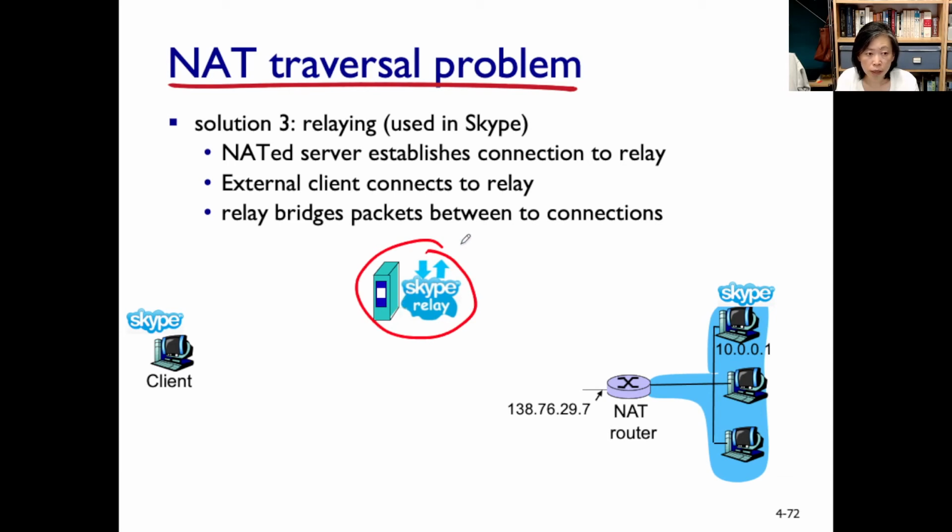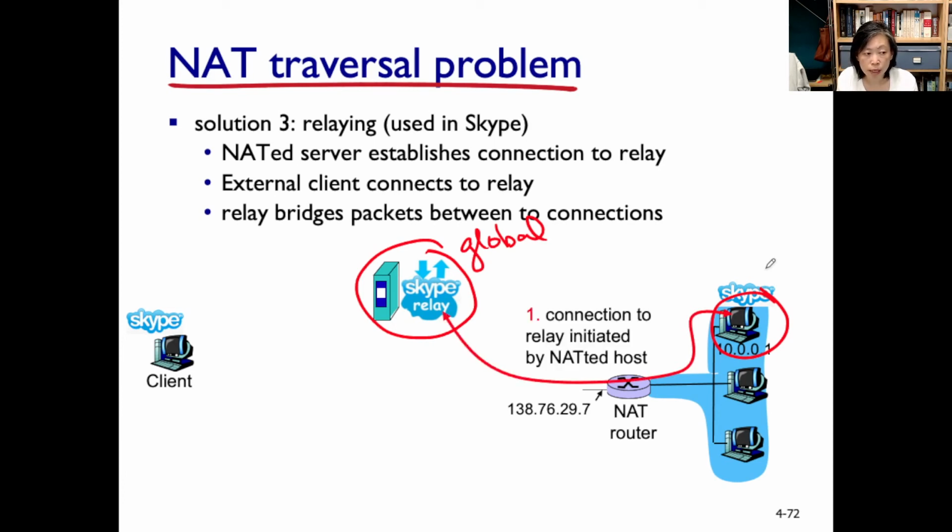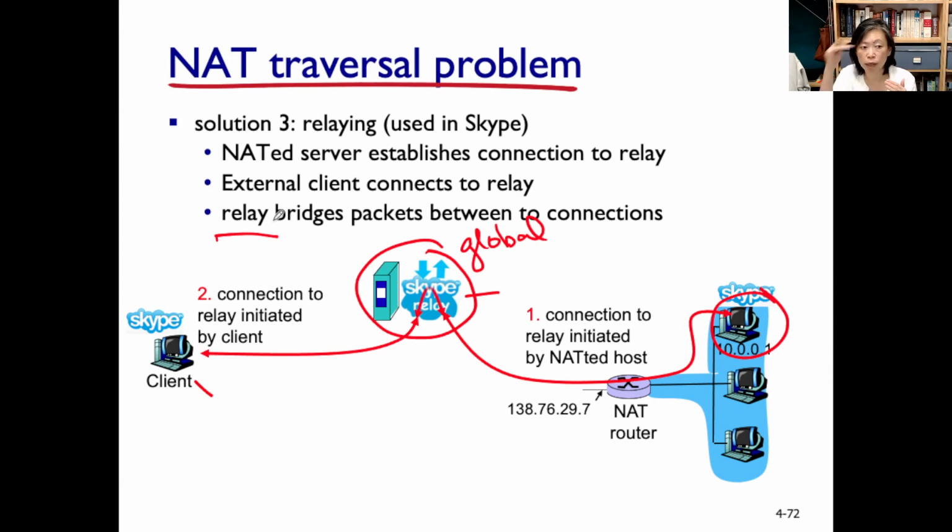A supernode operates using a global IP address, meaning it is not behind a NAT. This client can establish a connection to such a supernode, no problem. Similarly, the other client can establish a connection. The supernode then works like a relay and bridges the packets going from one way to another and vice versa. This is how a client here and a client there can establish voice communication.